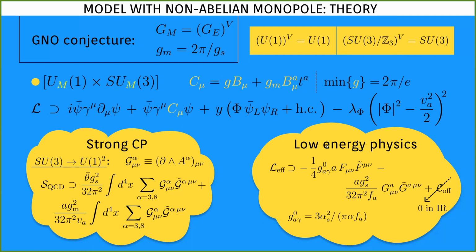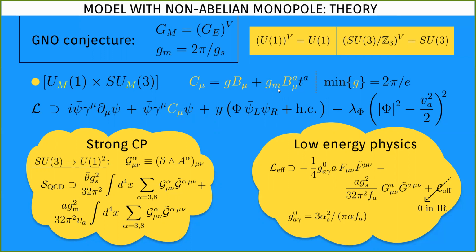So then the Lagrangian takes this form. Everything is the same as in the Abelian case, but we now have this connection not over the U1 group, but over the GNO group, which has an Abelian part as well as a non-Abelian part. And in fact, we can now wonder if this model still solves the strong CP problem.